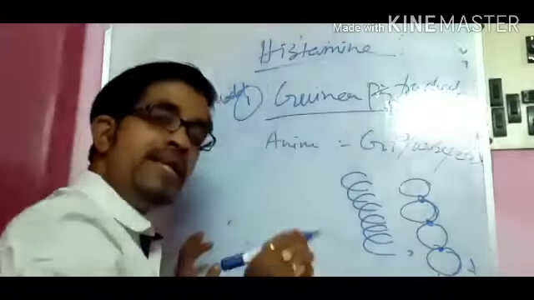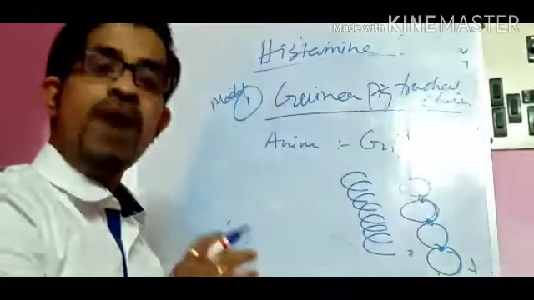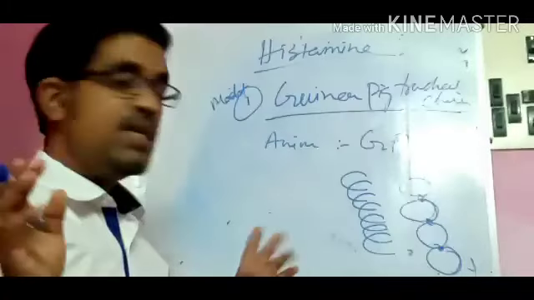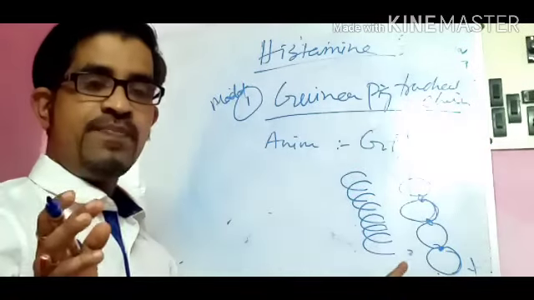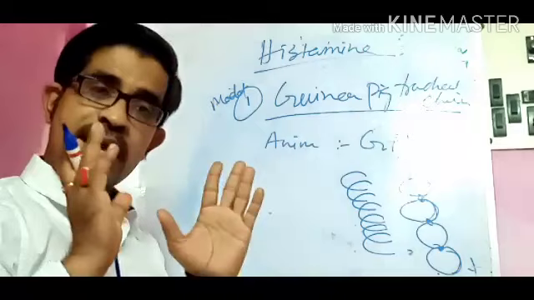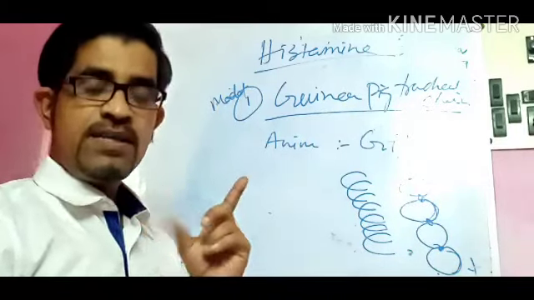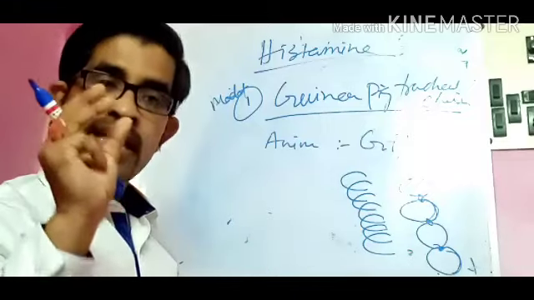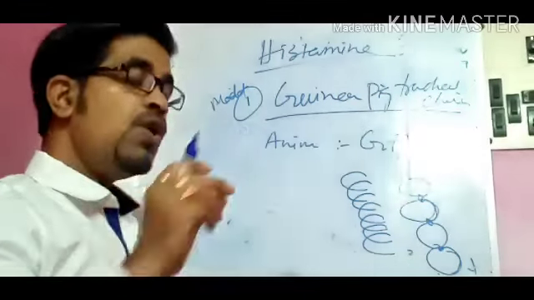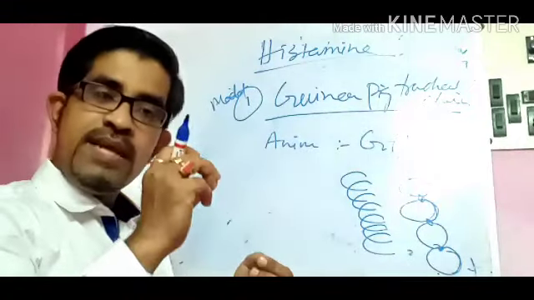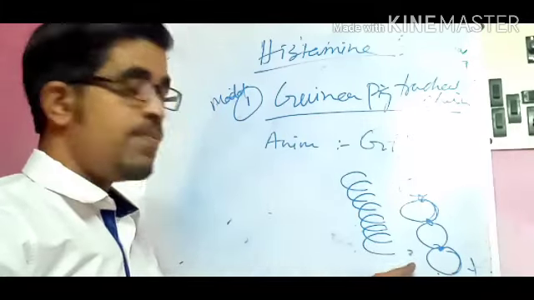You will bind up, tie up, or mount this portion in your kymograph. This is called the tracheal chain. That means you have to sacrifice the guinea pig, isolate the trachea, cut out the rings from the trachea, and bind all those rings so that a chain is produced.